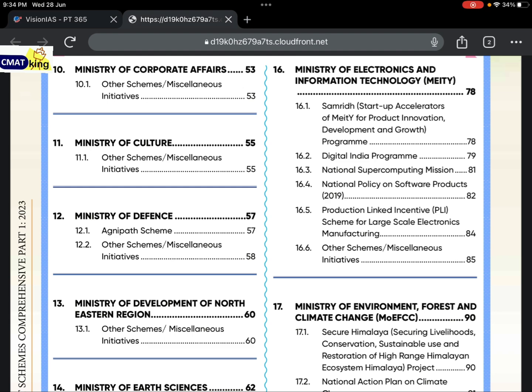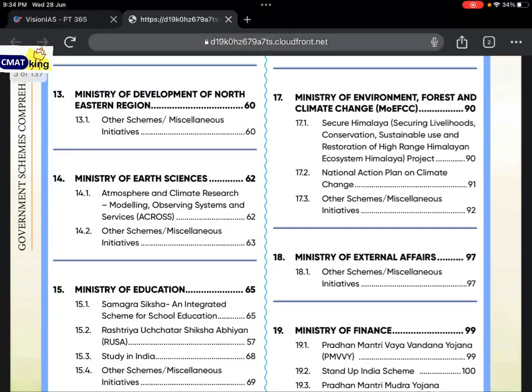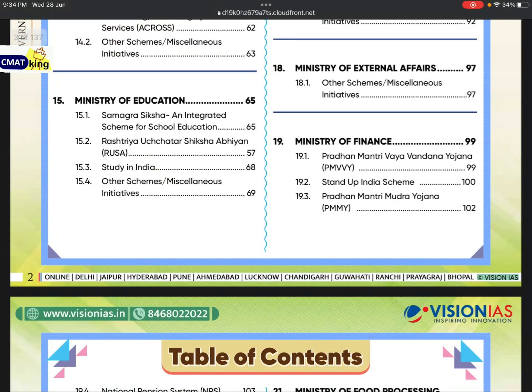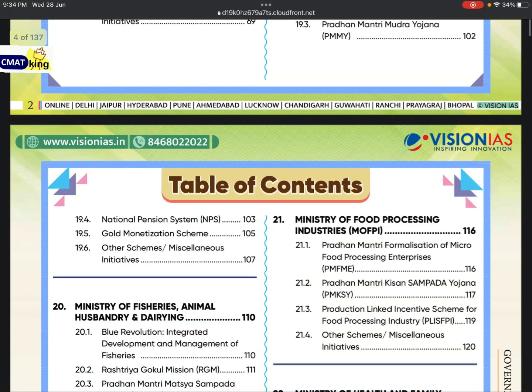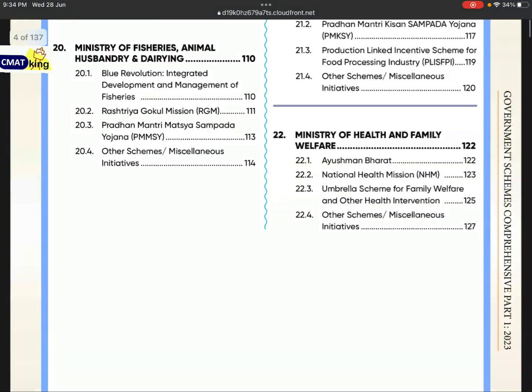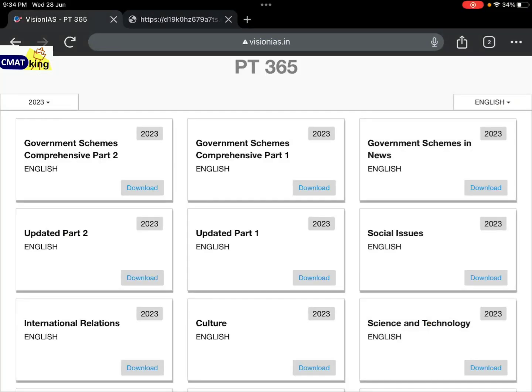Then PLI scheme is again there, and Digital India scheme is there. Then Ministry of Finance, a lot of schemes here are very, very important. The Stand Up India scheme, the Pradhan Mantri Mudra Yojana, Gold Monetization scheme. Okay, these are the major ones for this PDF. Similarly, you can look at the other two also, which is part 2 and government schemes in news.